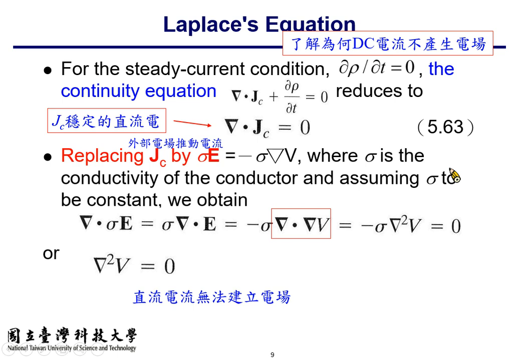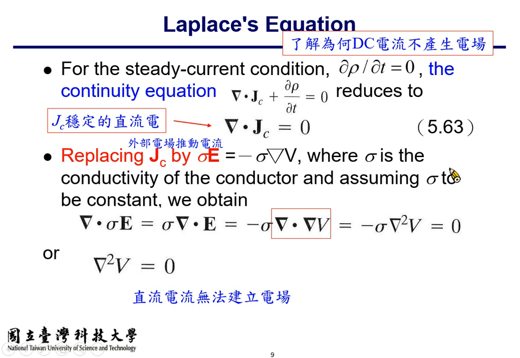We apply this relationship to equation 5.63. So J is replaced with sigma E, and sigma is moved to the outside, so you have the divergence of E, which can be further replaced with minus the gradient of V. You should be able to recognize this relationship by now.